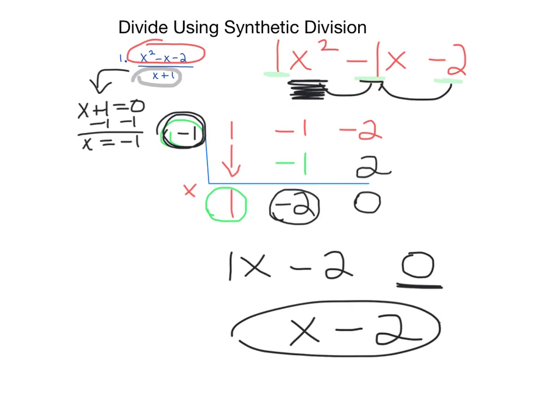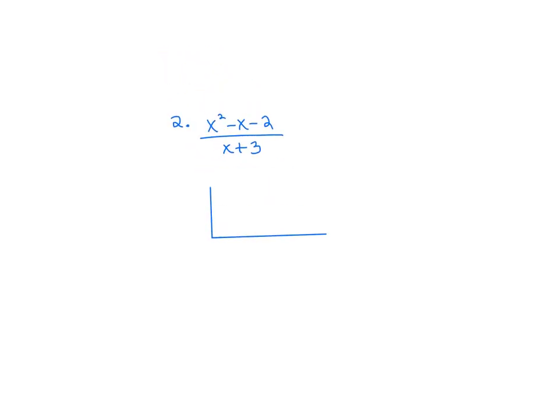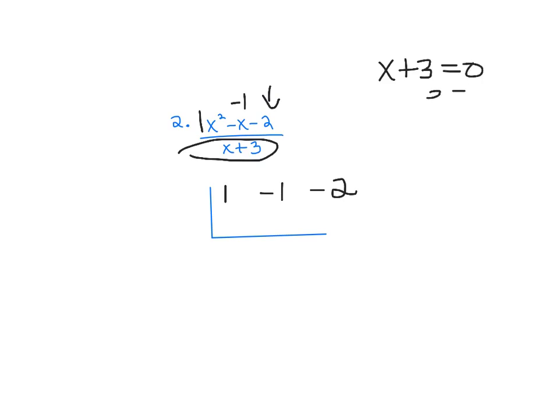Next one. Again, I'm going to pull all the coefficients. So I'm going to pull a 1, a -1 here, and then the -2. The number I'm dividing by, I take the denominator, set it equal to 0, because this is a factor, so I'm solving it. So I'm dividing by -3, and now I'll begin the process. Bring down the first number.